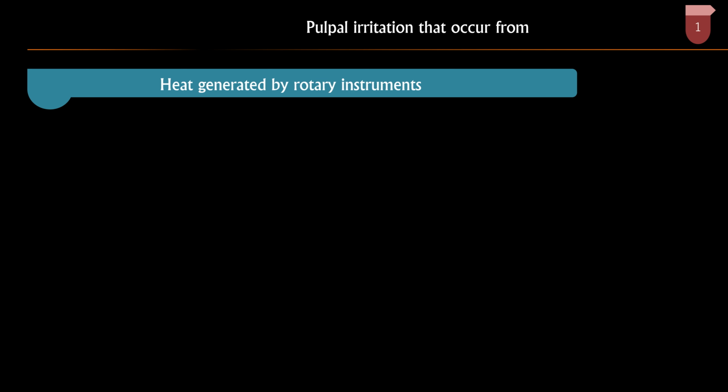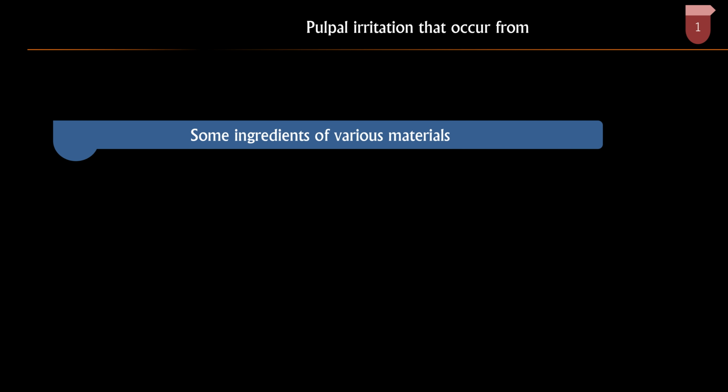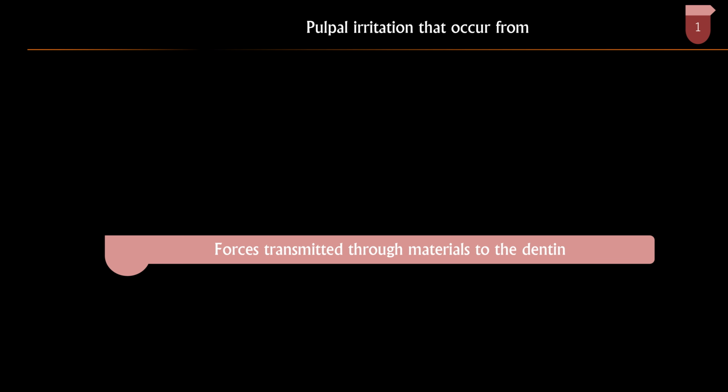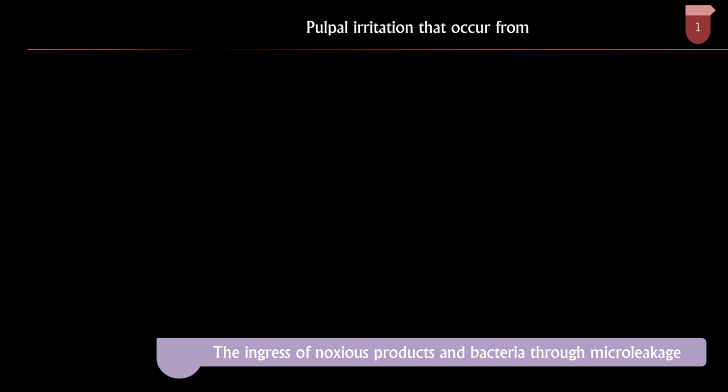Those insults are the heat generated by the rotary instruments, some ingredients of the restorative materials, the thermal changes conducted through the restorative materials, forces transmitted through the restorative materials to the dentin in the long-term usage of the restoration, the galvanic shock, and the ingress of noxious products, chemicals and bacteria through micro leakage.